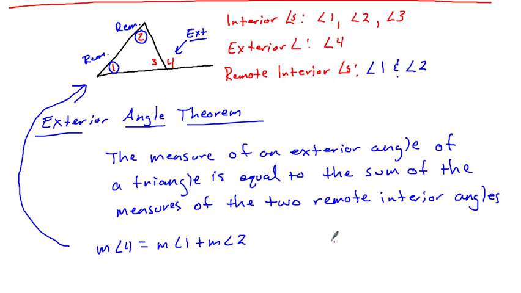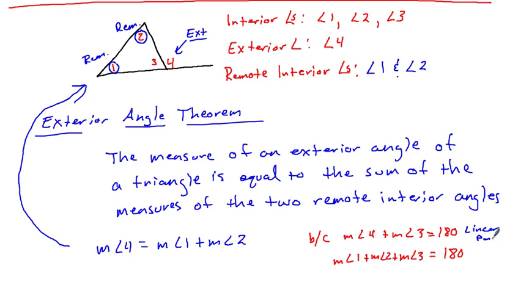And if you're not sure why, that's because the measure of angle 4 plus the measure of angle 3 equals 180. And the measure of angle 1 plus the measure of angle 2 plus the measure of angle 3 also equals 180. Now, the first one, angle 4 plus angle 3 is 180, is because they're a linear pair.